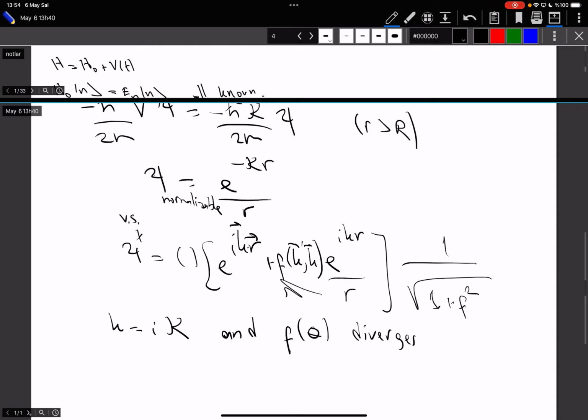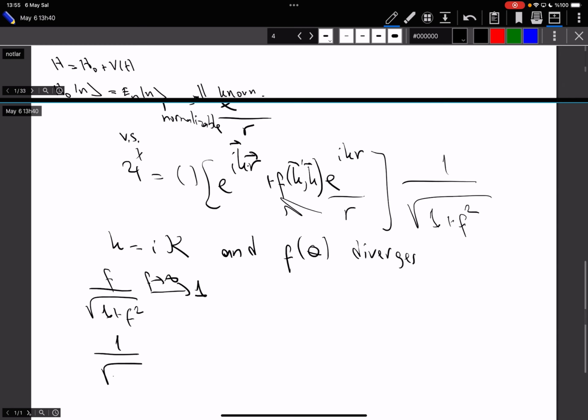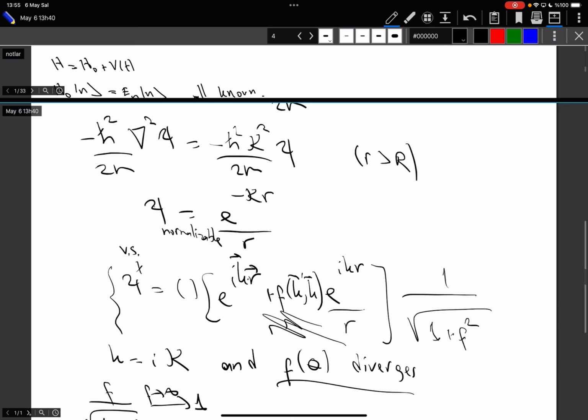In the limit f goes to infinity, f over 1 plus f squared is 1 over f, which is 0. So a divergent f isn't really a problem. It only tells me that in such a limit, the only term that appears in my psi plus is the second one; the first one doesn't appear. Well, that is what I want. There's no incoming plane wave.